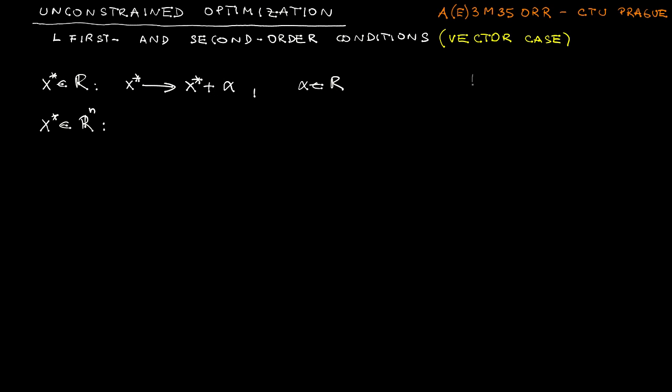So say in the two-dimensional case we could have x1, x2 as the independent variables. This will be the vertical axis, the function value, and the function could look something like this.